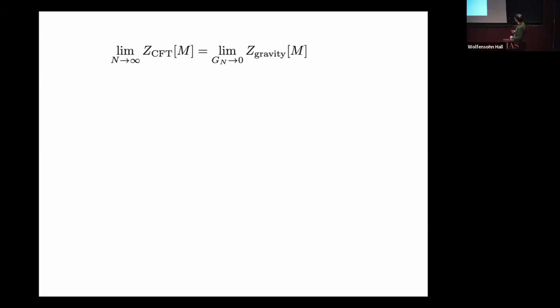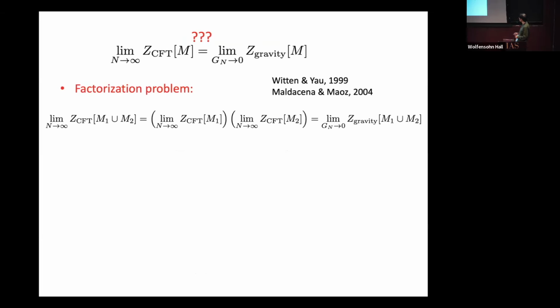But not all is well with this relation. One problem that has been recognized early on is the so-called factorization problem. If you look at a boundary which consists of disjoint manifolds, say M1 and M2, the boundary partition function should factorize by definition.